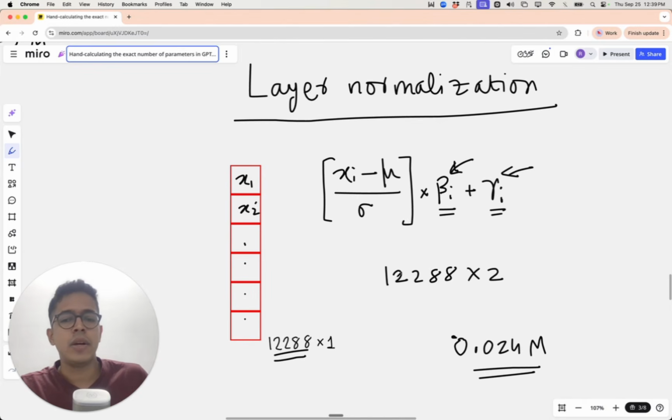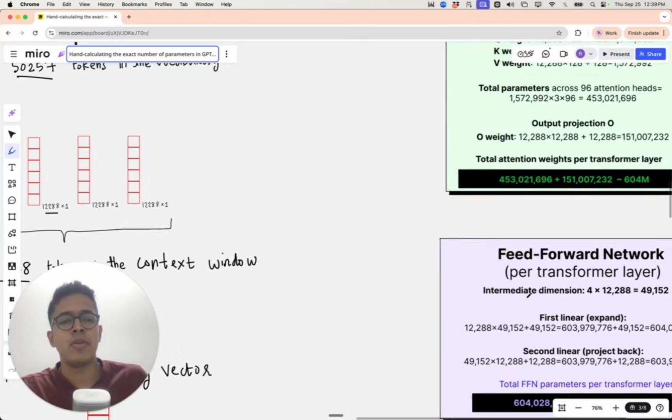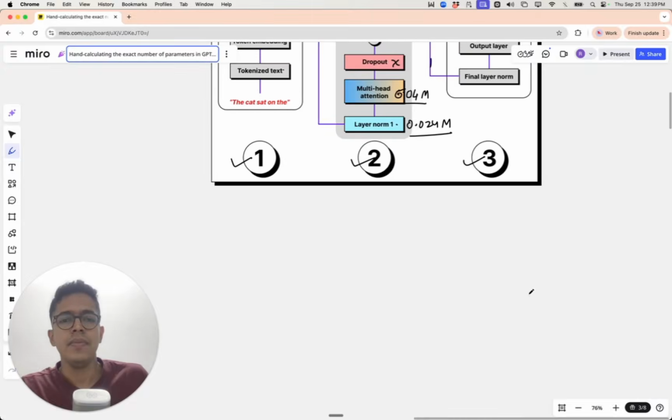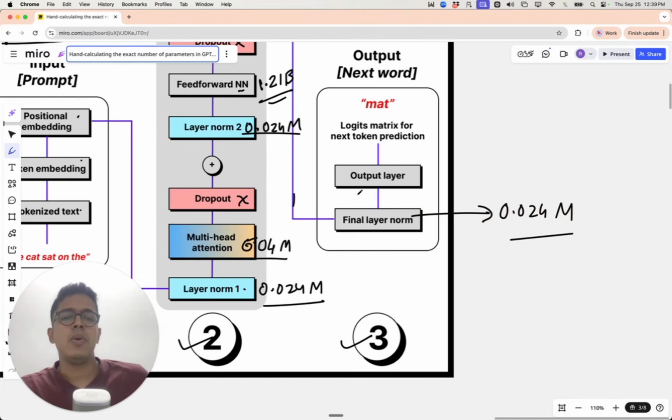So we will have 12288 beta parameters and 12288 gamma parameters. So the total will be 12288 multiplied by 2, again 0.024 million parameters in the final layer normalization. Now what happens in the output layer?